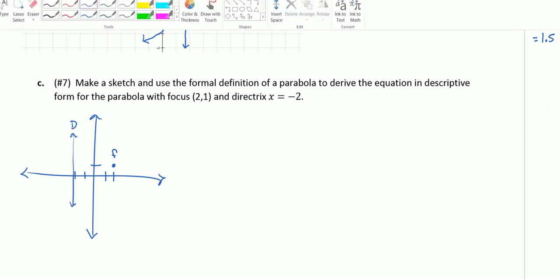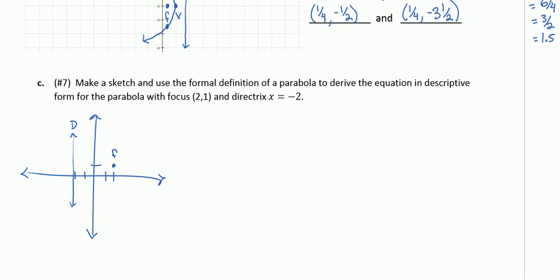Now our vertex, we need to know our vertex is directly in between the focus and the directrix. So we have a vertex at (0, 1). And we know it's opening to the right. And if we pick a generic point, I'll put point P, which is (x, y).